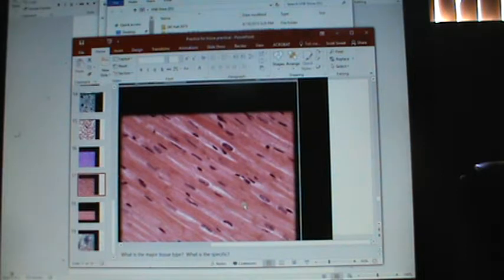Look at this one. Cell, cell, cell, cell, cell. Some of the cells are branching. Okay. Major tissue type. That would be muscle. Okay. Now look closely at it. Do you see any striations in this thing? Up here and all?